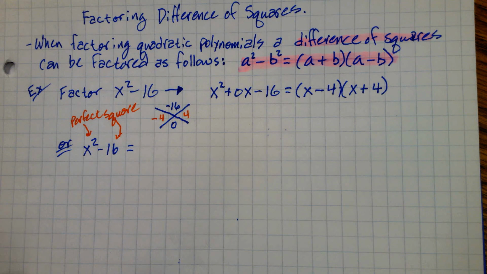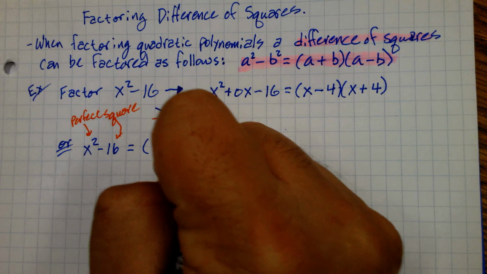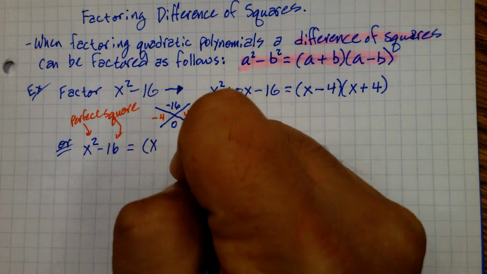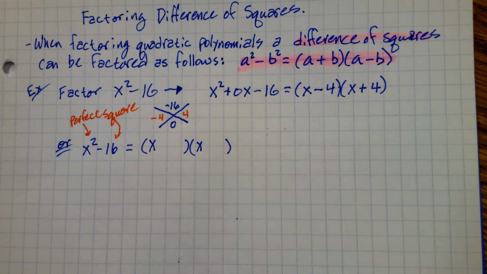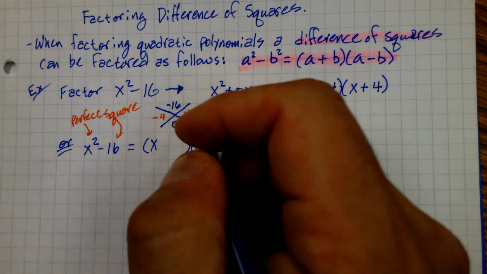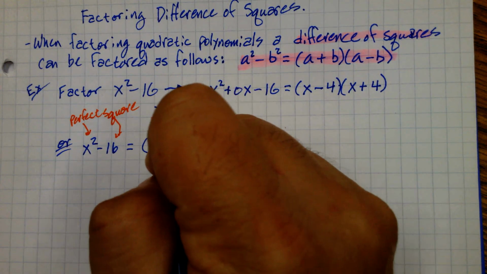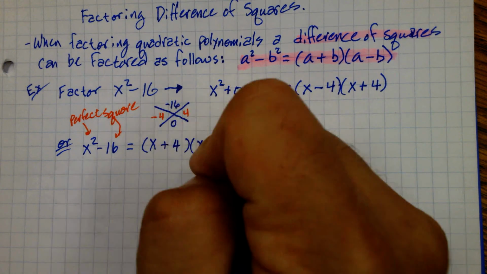So this works because both terms are perfect squares. And then we could say, all right, the square root of x squared is x. That goes here. That's our a value. The square root of 16 is 4, and that would go here. It's always a plus and a minus.